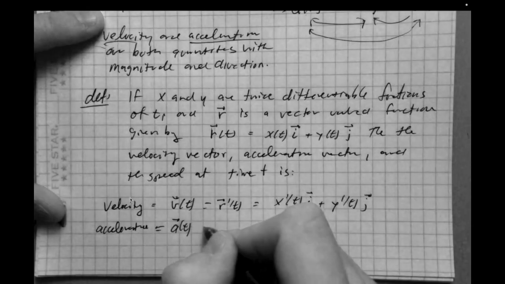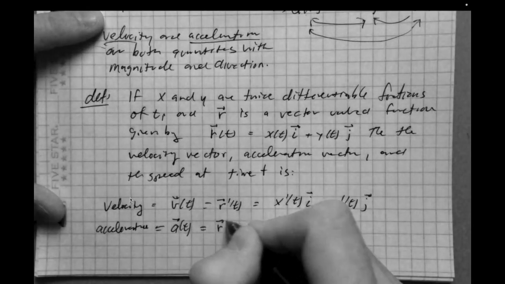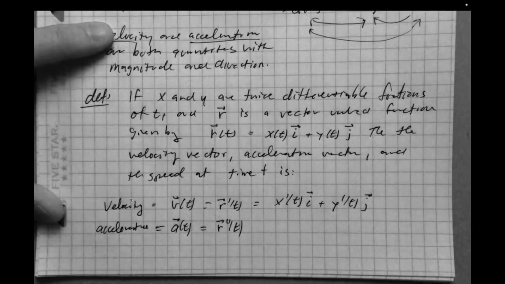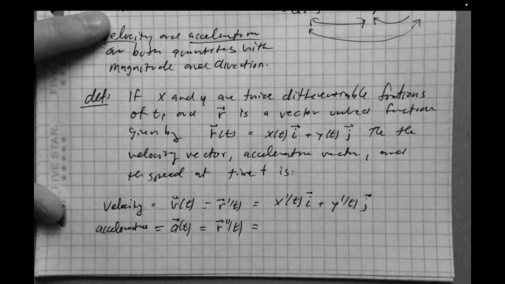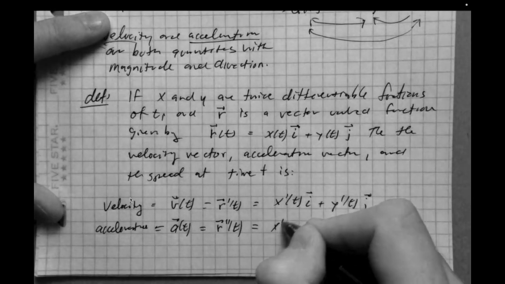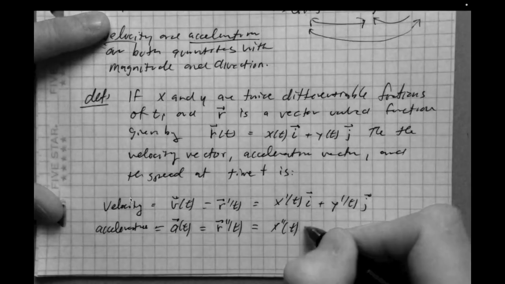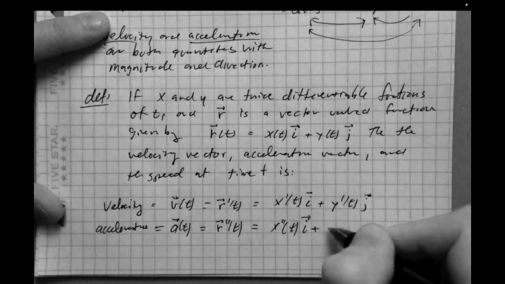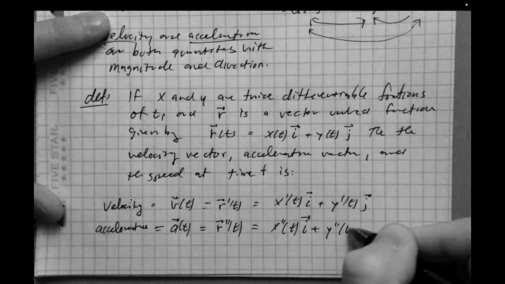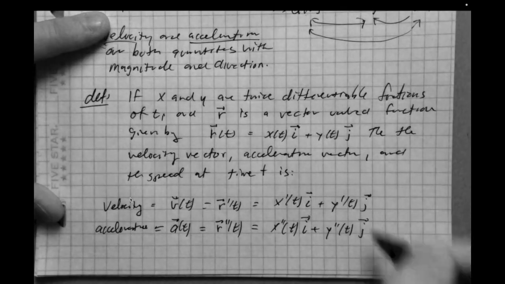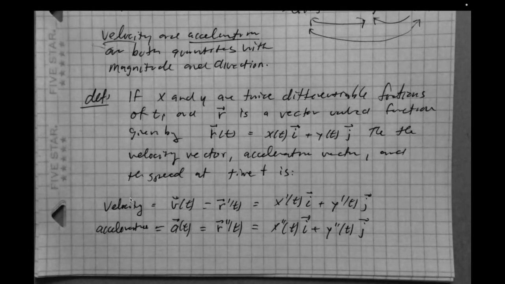That's going to be the second derivative of position. And so accordingly, it'll be the second derivative of the x component and the second derivative of the y component, the j component. And so there's your velocity vector and your acceleration vector as derived from position.